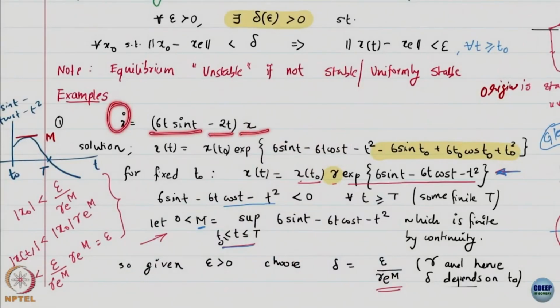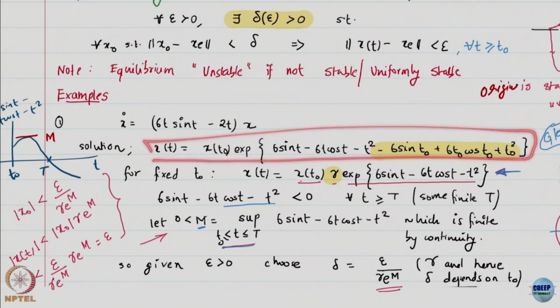Very easy. x dot is 6t sin t minus twice t times x. You know that this is very easy to solve, because all I have to do is take this here and integrate this right hand side with respect to time, and that is it. So the solution actually turns out to be this.